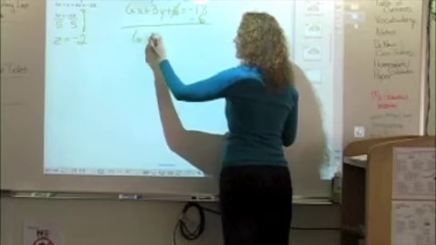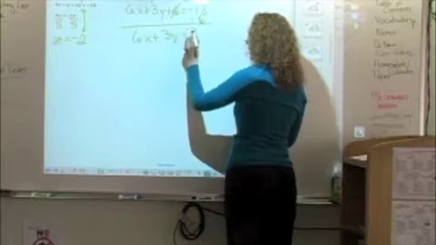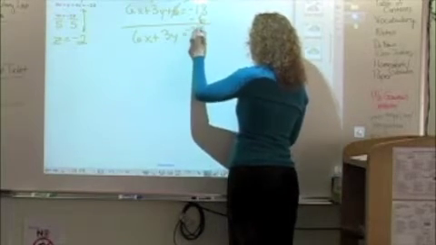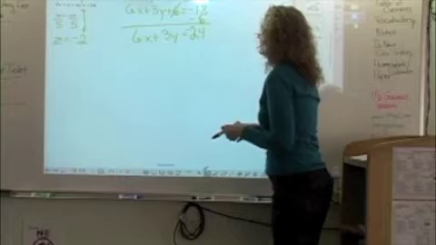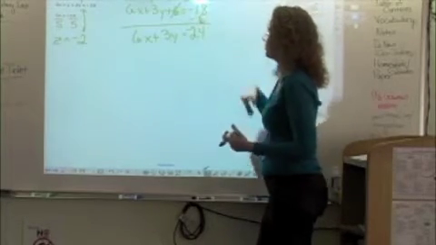And I get 6x plus 3y equals negative 24 when I subtract that 6. 18 plus 6 is 24, so it's a negative 24.